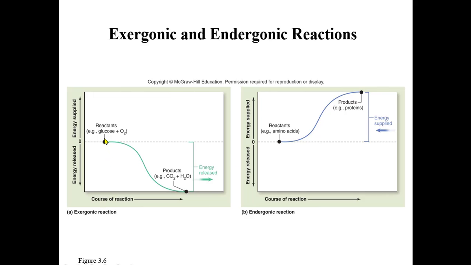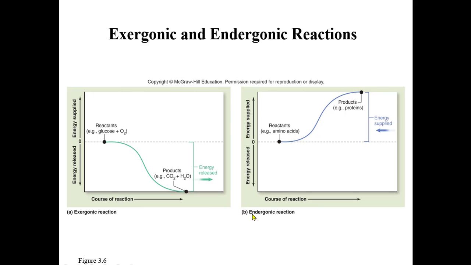Now, earlier I said reactants versus products. If it does not take too much energy, notice it says energy is released. This gets hot. So usually this is something that is releasing far more energy, and exergonic means it's going to get hot.